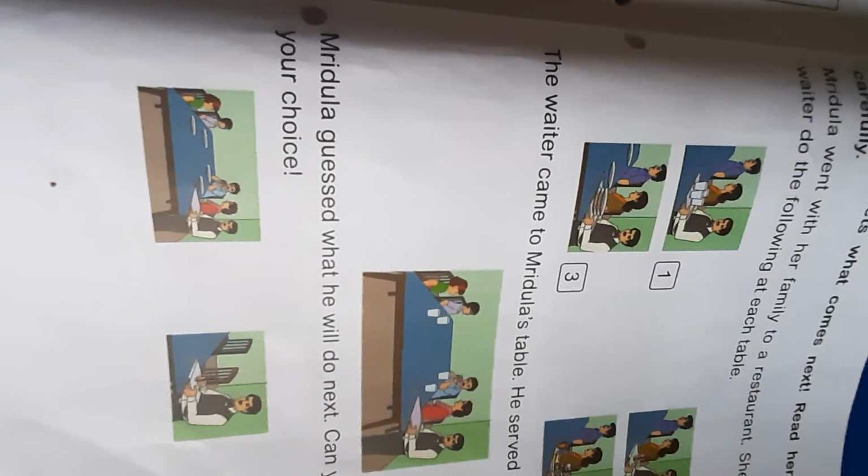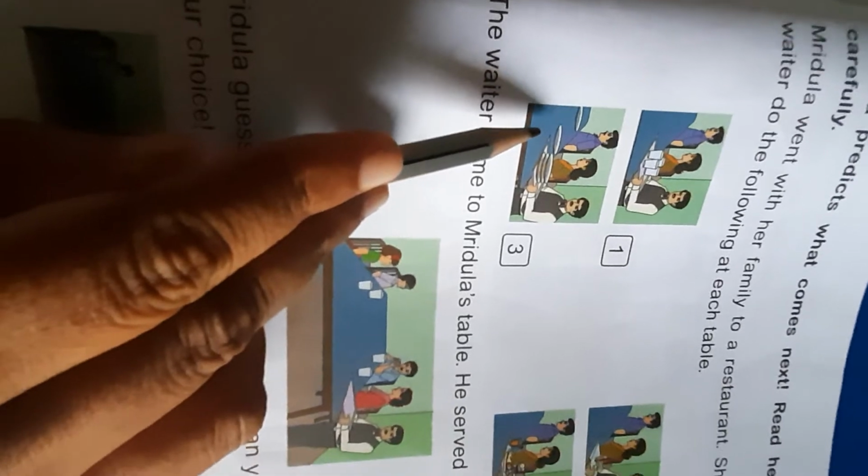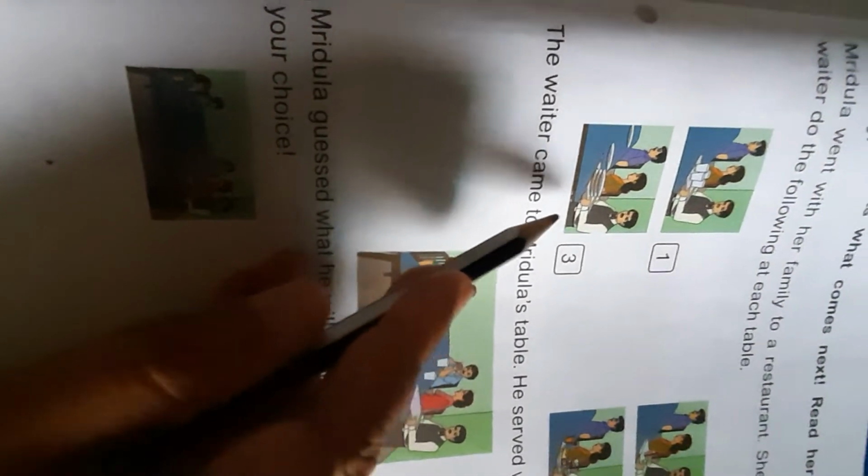Next, the third one. What is he doing in the third picture, children? He is serving plates. In the first picture he served water, in the second picture he is taking an order, and in the third picture he is serving plates to them. Next, in the fourth one, what is he doing, children? Observe the picture and say the answer.